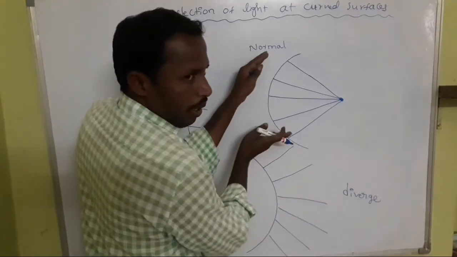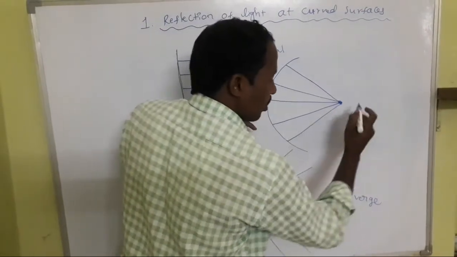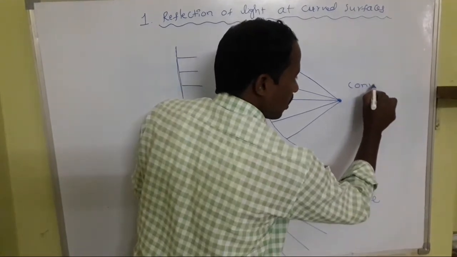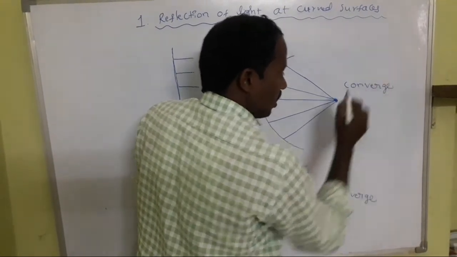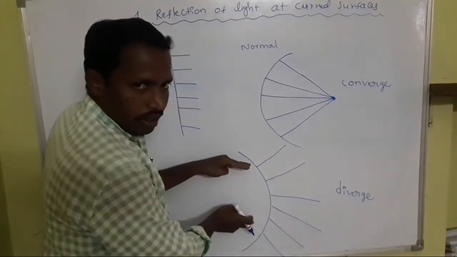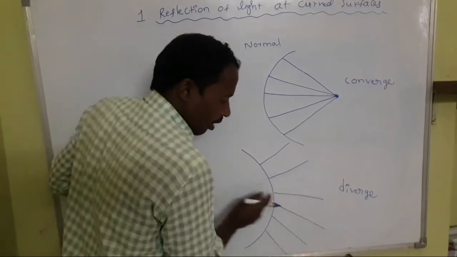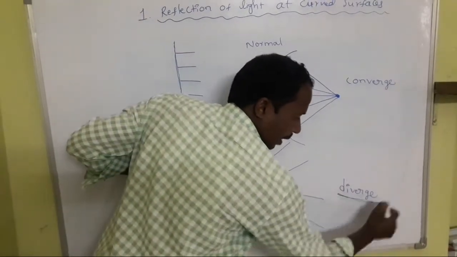So when the rubber foam is bent inwards, all pins converge at a point, and when the rubber foam is bent outwards, all pins diverge.